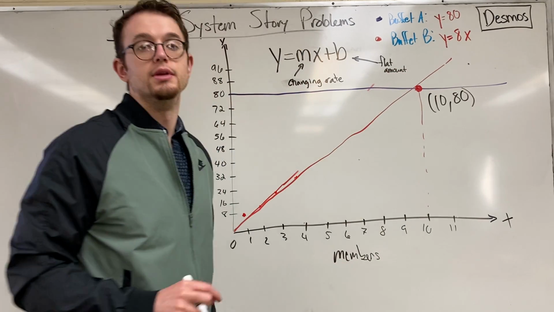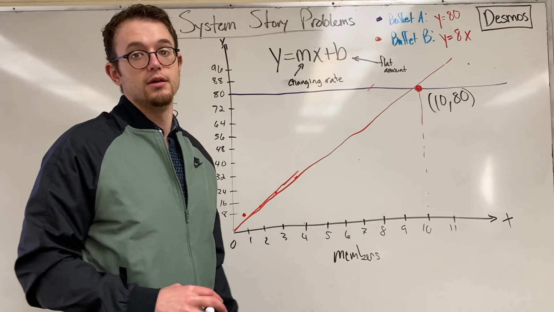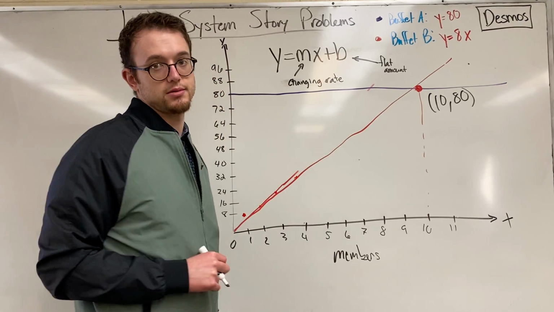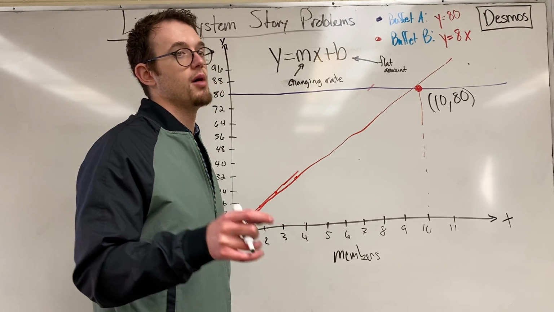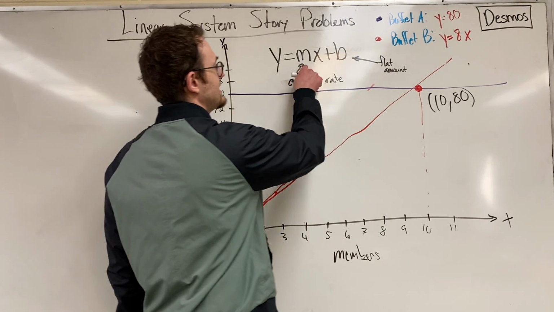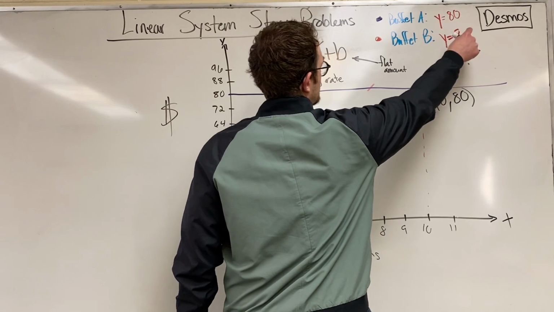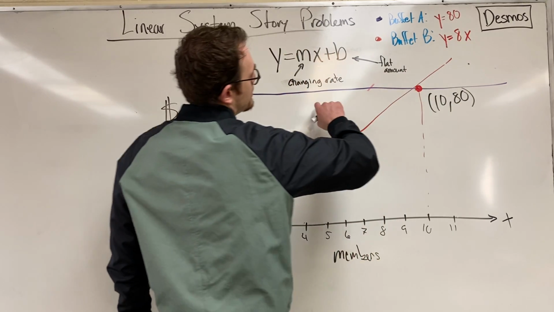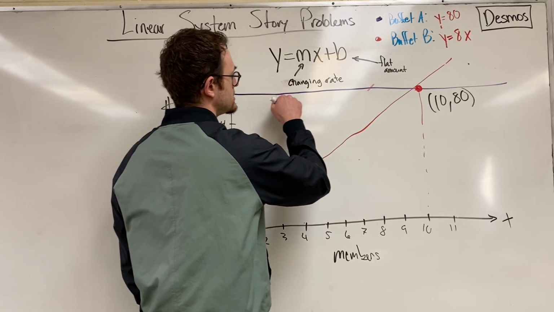Doesn't change. That $80, that didn't change. That was $80. No matter how many people showed up, $80. 100 people, you got a 100-person family member, which is why this is not a real promo. $80. All right, this one was 8x because it changed 8 times every single person. This one technically had a slope of 0, right? No slope. Slope of 0, slope of 0, slope of 0.